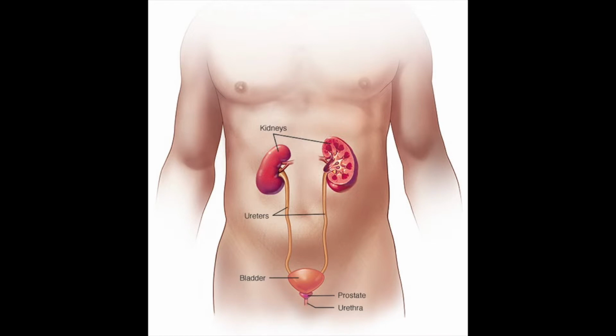Once the urinary bladder has reached its maximum capacity, it gives a signal and you feel like emptying your bladder. You go to the washroom, and the route with which you excrete your urine is your urethra. So you have the urethra, urinary bladder, ureter and kidney. All these four parts combine together to form the urinary tract.